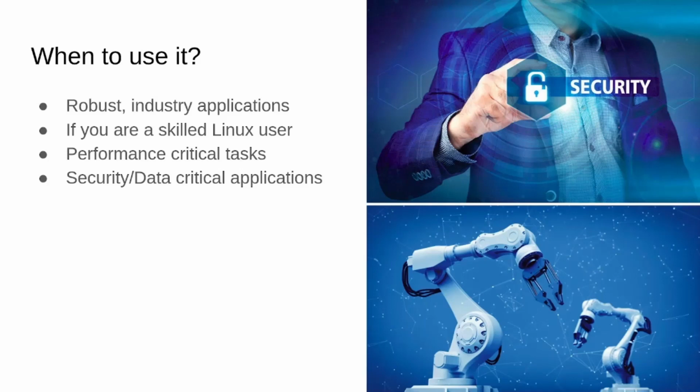If you're a skilled Linux user and want to challenge yourself and open yourself to more flexibility, definitely Arch Linux all the way. And if you have performance critical tasks or security or data application tasks where security and efficiency is your number one concern, Arch is something you can consider.